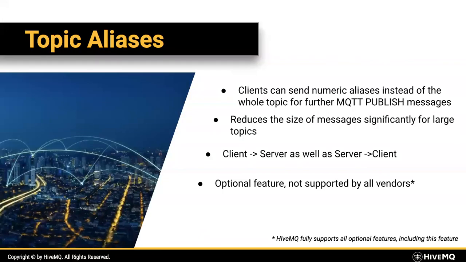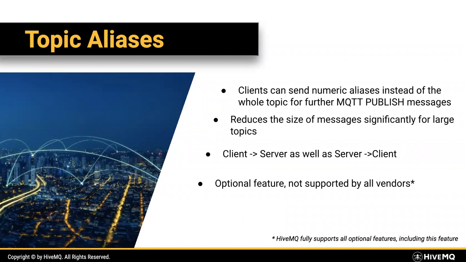And MQTT 5 solves this issue and allows a producer of a message to say, okay, dear broker, when I send a message to this topic again, I will just use number 1 or 2 or 3. And the broker is then required to keep track for this client and see, oh, message 2 goes to topic number 1 and not to a 100-byte topic string.